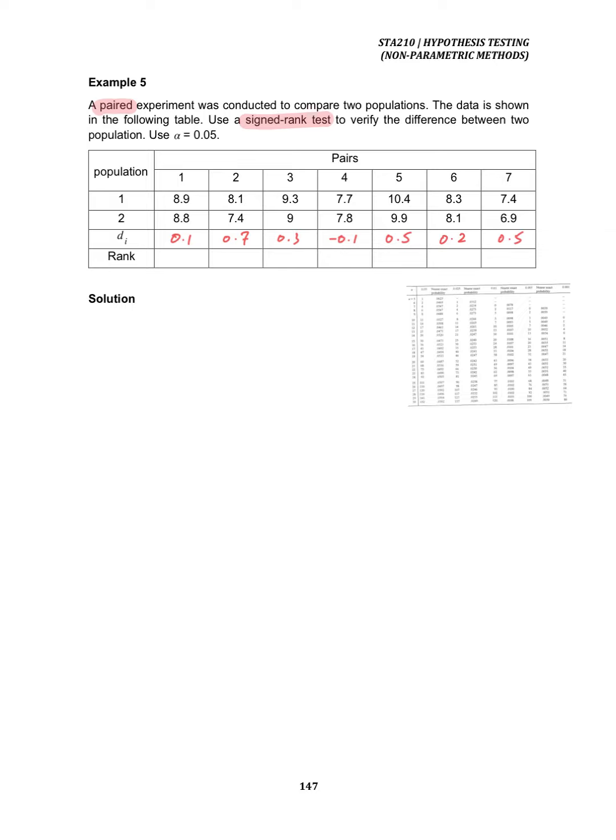Now we have to give rank for each difference, by ignoring the negative sign. The smallest value here is 0.1. So kita ada dua 0.1 kat sini, 0.1 and also negative 0.1, so meaning that kita akan beri ranking 1.5 here, 1.5 and 1.5.